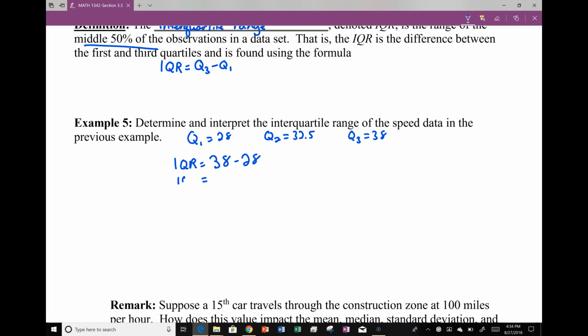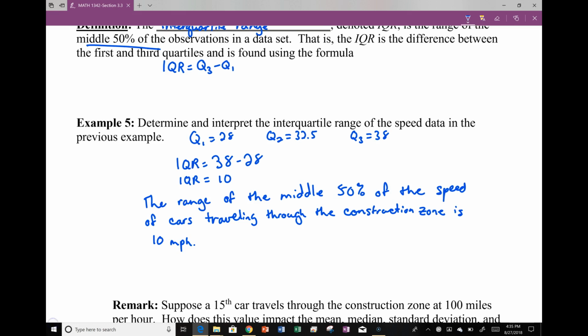So I get that my interquartile range is 10. What this represents is that there's 10 miles per hour that we're looking at to get that middle 50%. So the range of the middle 50% of the speed of cars traveling through the construction zone is 10 miles per hour.